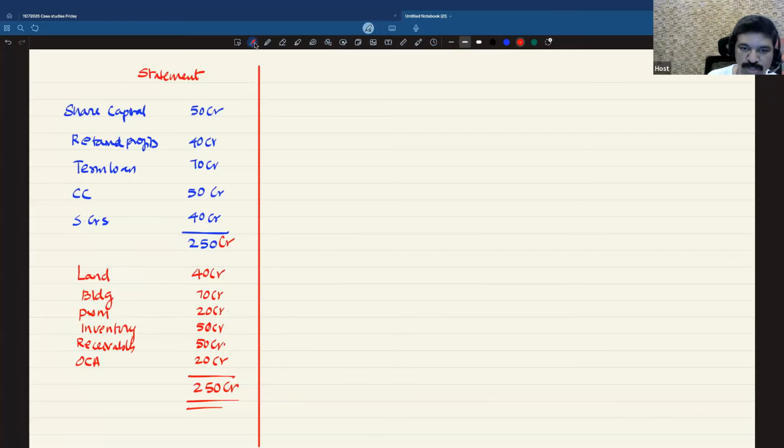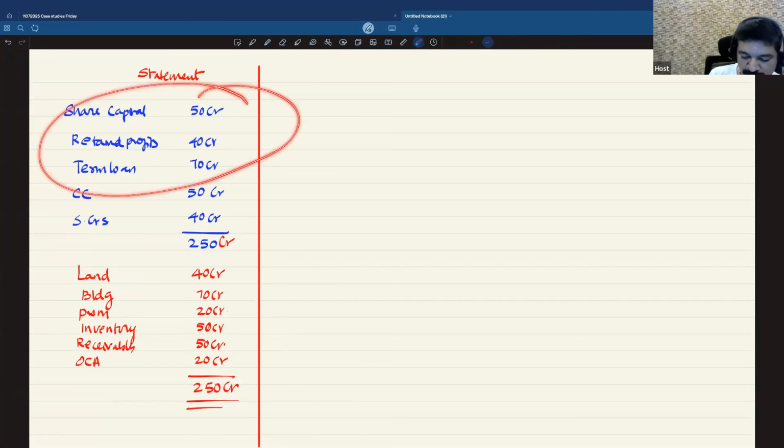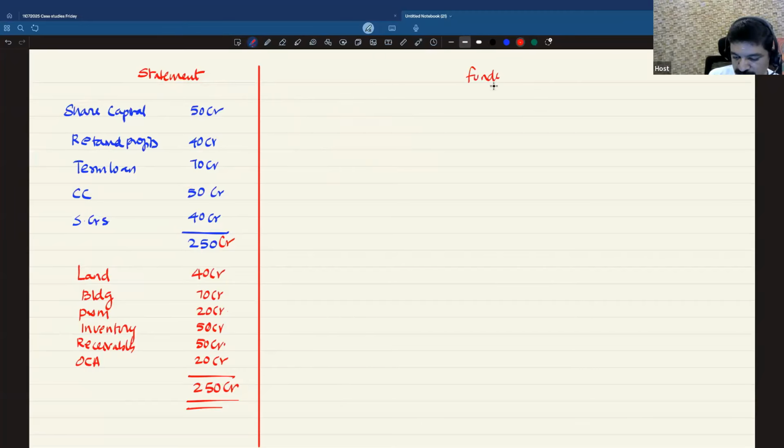So what you have to do is identify the sources of funds based on the timing or the duration. What do I mean by this? You have to identify whether the funds are coming from long-term sources or short-term sources.